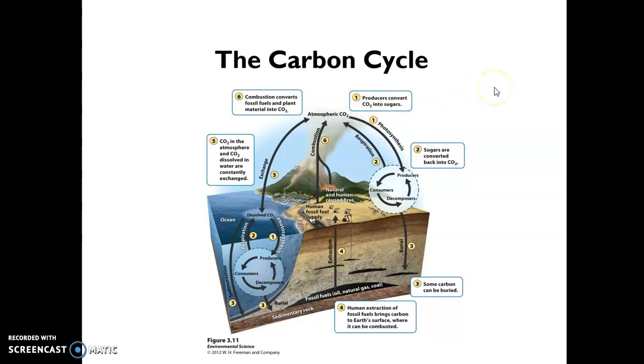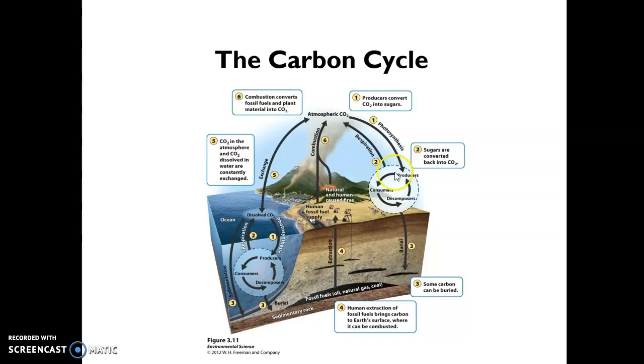Remember, carbon is the C here, and the dioxide are the two oxygen atoms that are also attached to that carbon. And CO2 is brought in through photosynthetic organisms and converted into sugars. And then eventually those sugars are converted back into CO2 through respiration. So some of the carbon is captured here by producers through photosynthesis.